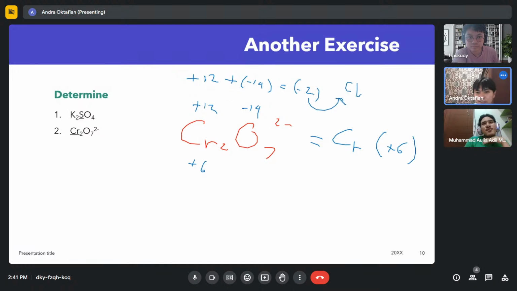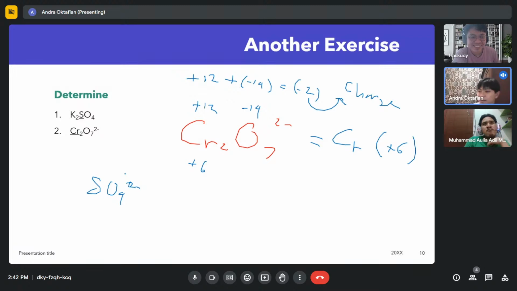Oh, it's not an ion or what? Well, I think it is because it's already a compound.